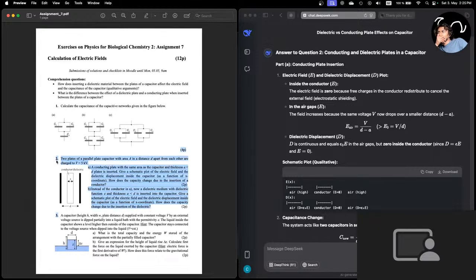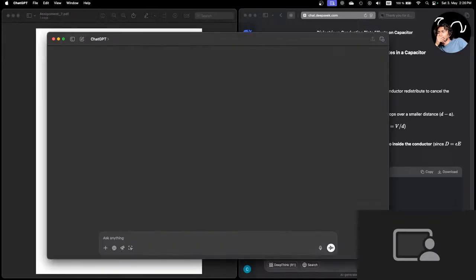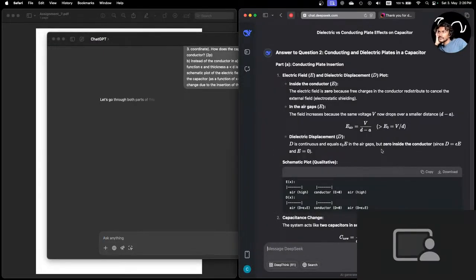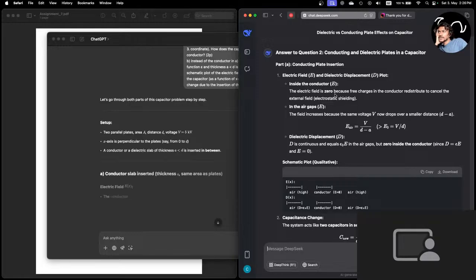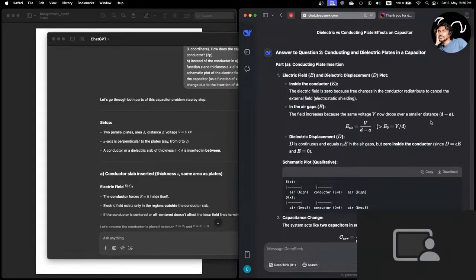Inside the conductor, the electric field is zero because free charges in the conductor redistribute to cancel the external field. In the air gaps, the electric field increases because the same voltage now drops over a smaller distance.